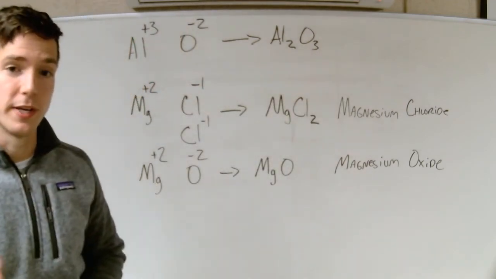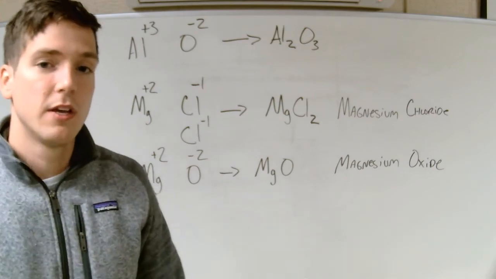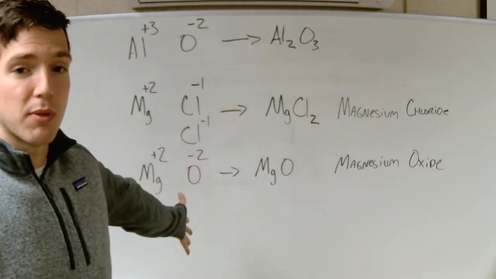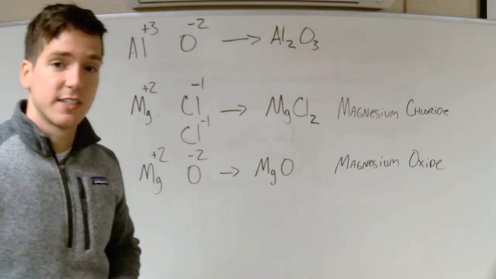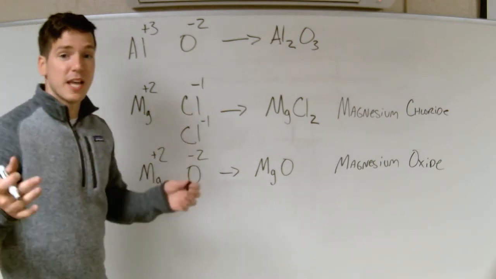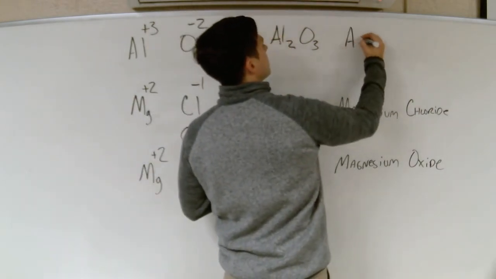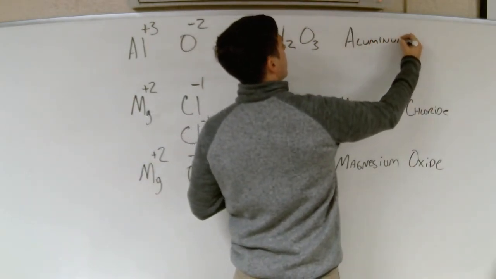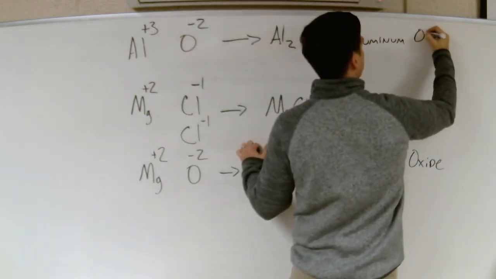We would need 3 oxygens. Remember, these numbers tell us how many of each atom we have. So all those aluminums have a plus 6 charge, all those oxygens have a minus 6 charge. And now we name it. It'll become aluminum as our first element, and again, oxygen, oxide.